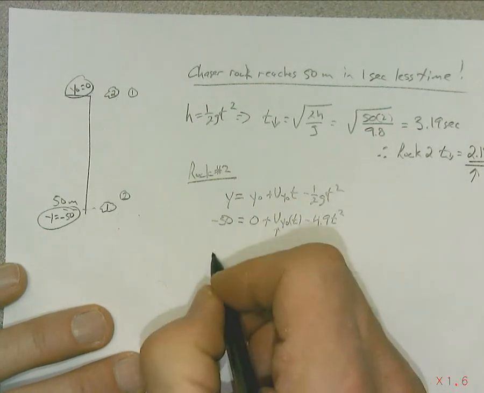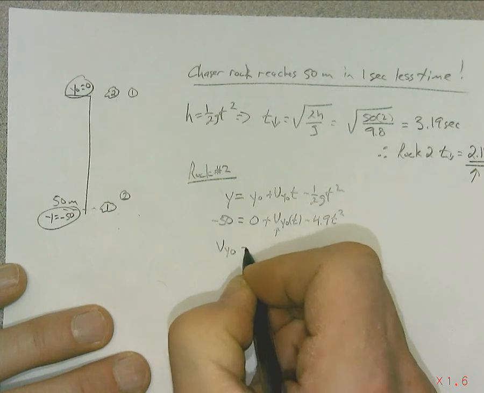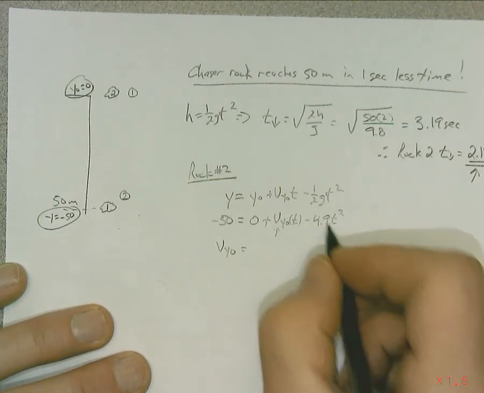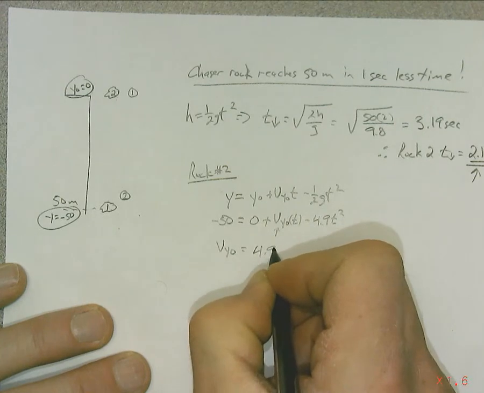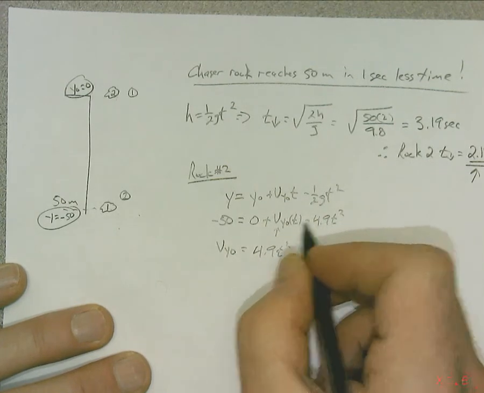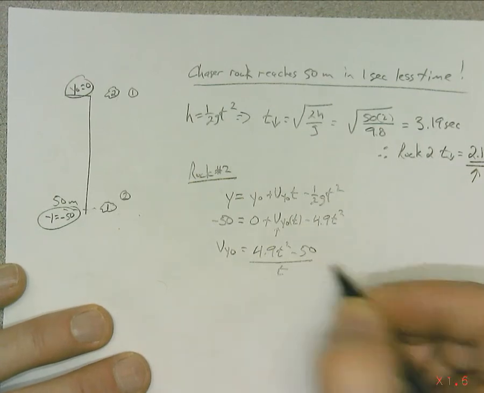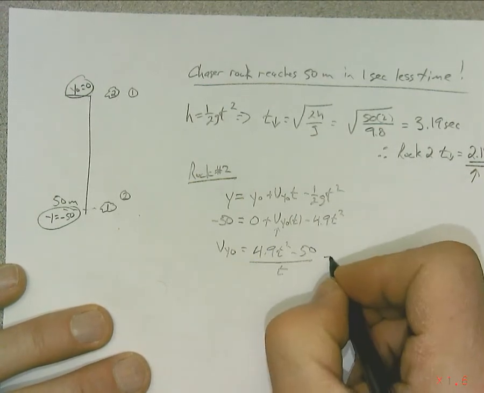And so Vy0, which we're trying to find, is equal to, well, we can bring this out, 4.9 t squared minus 50 all over t. All right, so let's go ahead and plug that in.